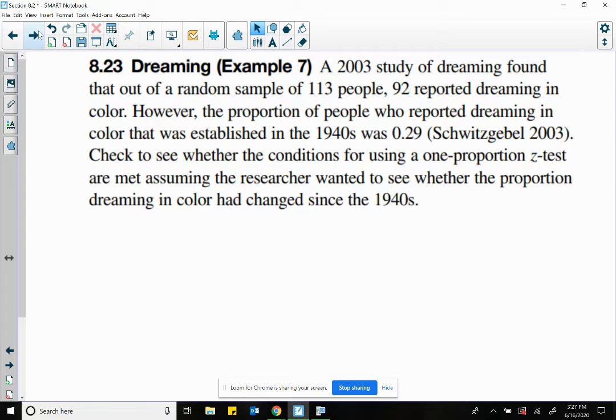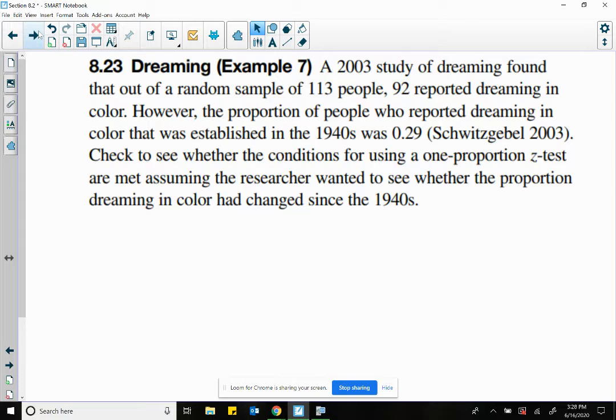In your assignment, they're going to have you check information like this. A 2003 study of dreaming found that in a random sample of 113 people, 92 reported dreaming in color. However, the proportion of people who reported dreaming in color that was established in the 1940s was 0.29.